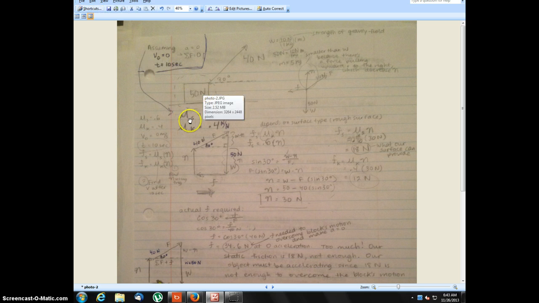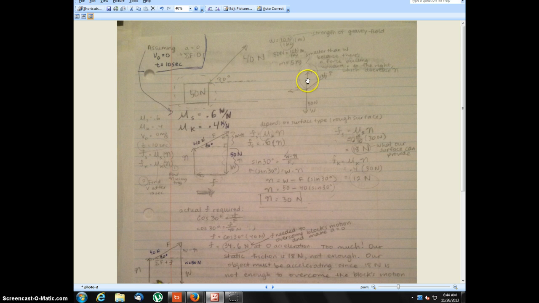And we know that our coefficient for static friction is 0.6. And our coefficient for kinetic friction is 0.4. This is based on our specific type of rough surface, because depending on what surface it is, these numbers will be different. So the first thing we have to do is draw our force diagram.